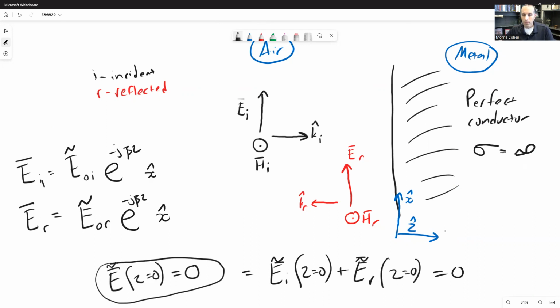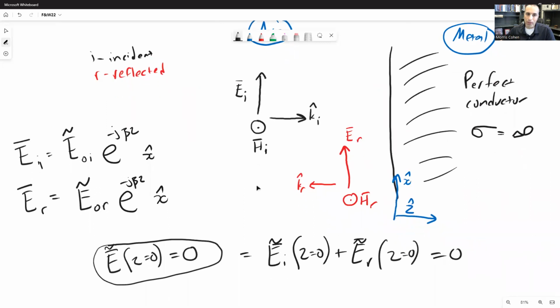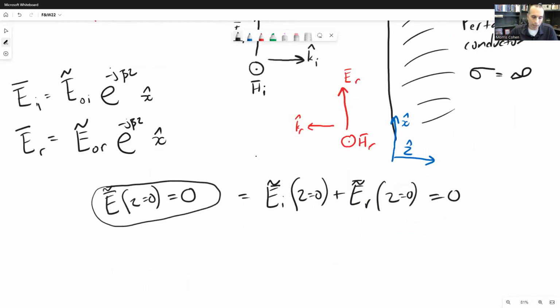All right, if we just apply that to our definition of electric field, incident and reflected, from that we can pretty quickly figure out that E0 for the incident wave must equal negative E0 of the reflected wave. Right, that basically we can take this and replace it with an I right there and add a negative sign. That's what boundary conditions will do to this problem.